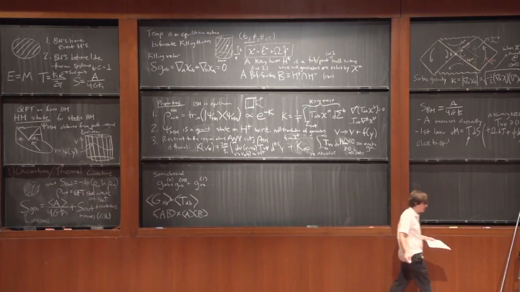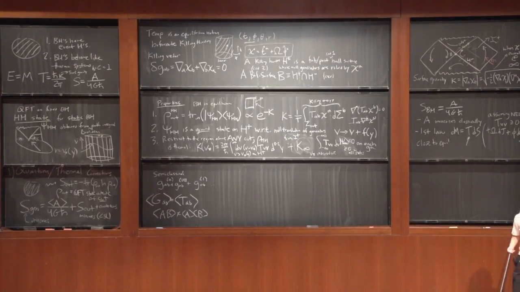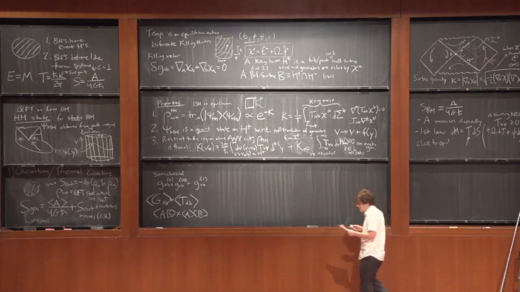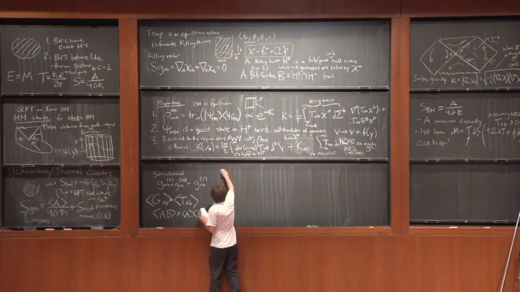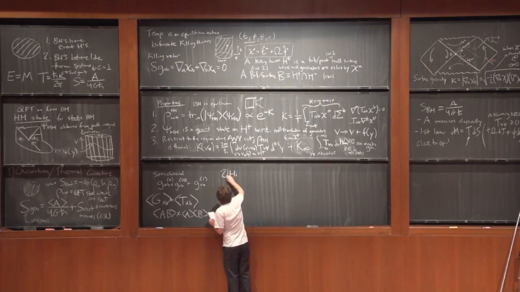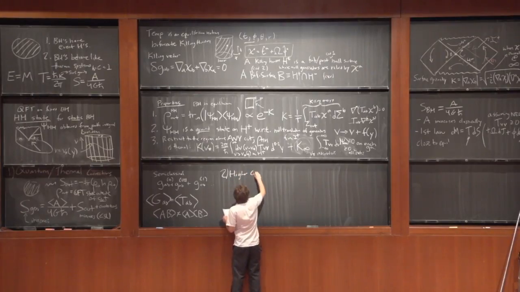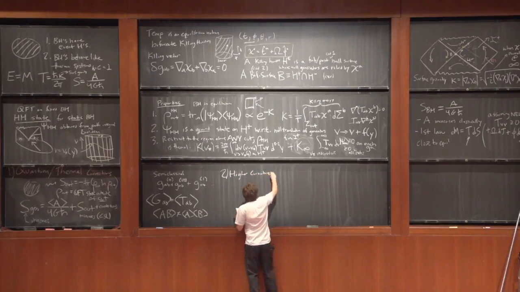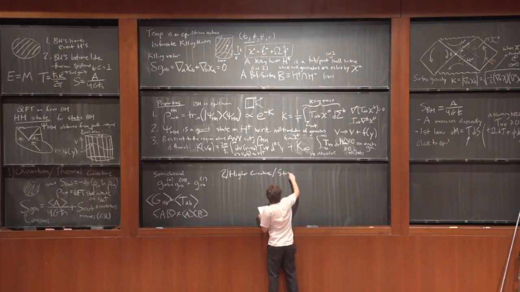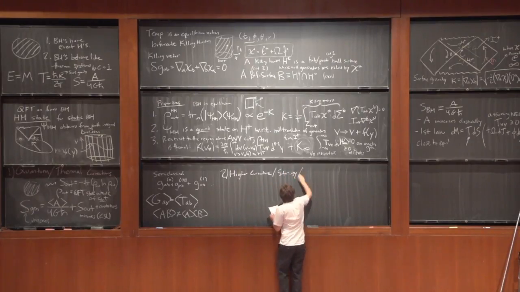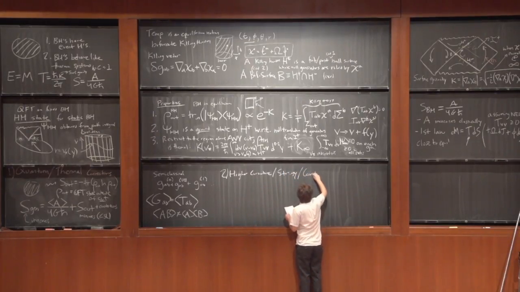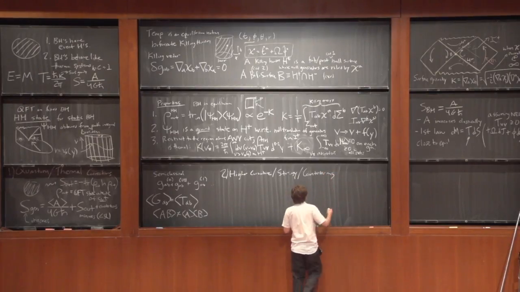So to study this in more detail, we actually need the second kind of correction, which is higher curvature, slash stringy, slash counterterm corrections.